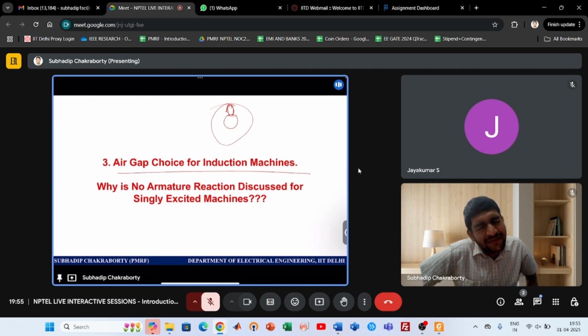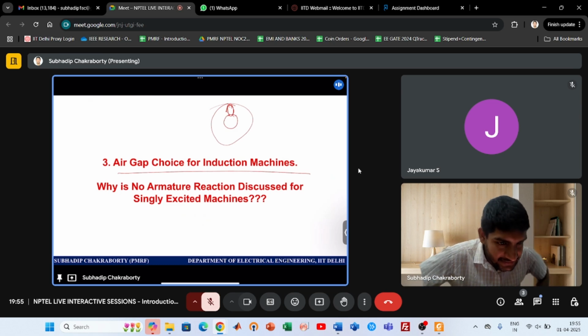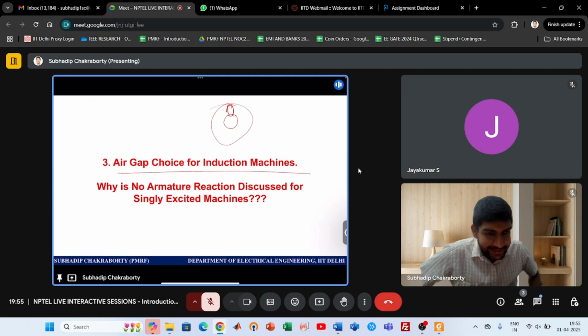So partly the flux will go through the iron body and then to the air and link the rotor conductor, and then back to the air and then to the iron of the former and come to the slot, completing one loop like the magnetic field lines. Understood my point? So it has to go through iron. Agreed.